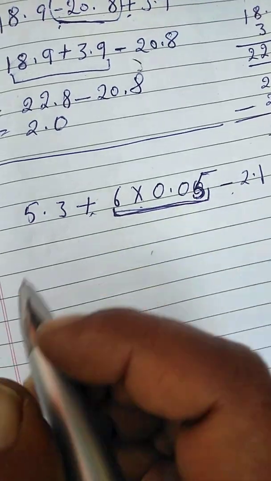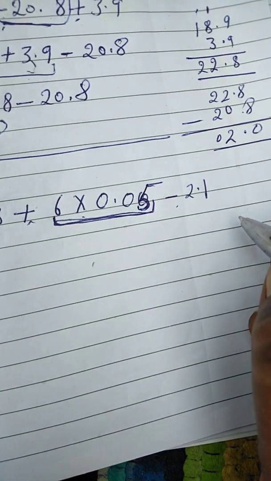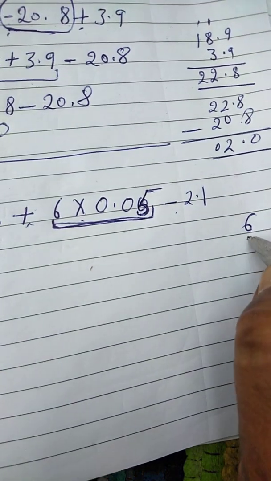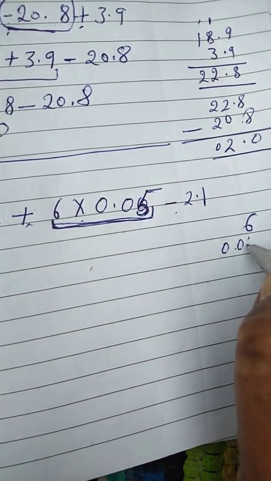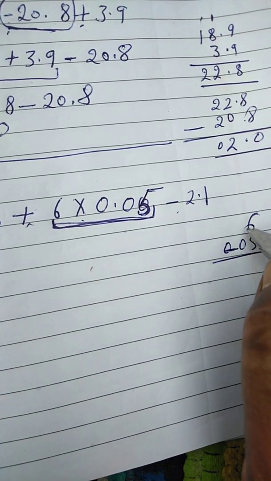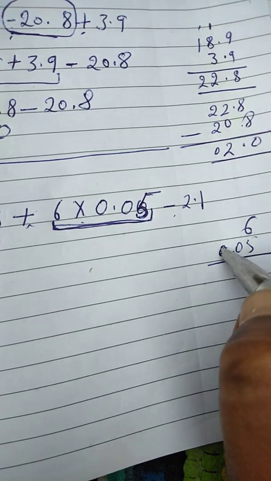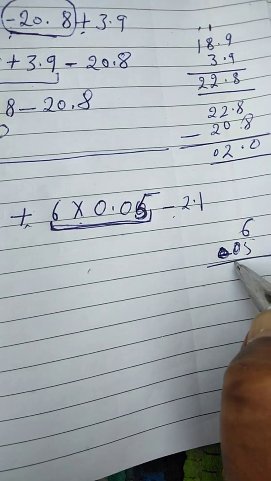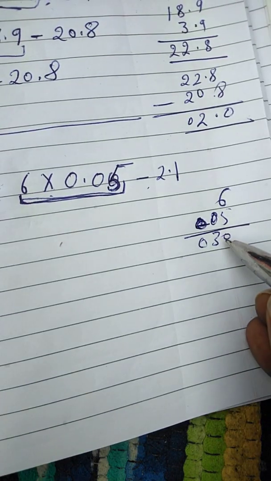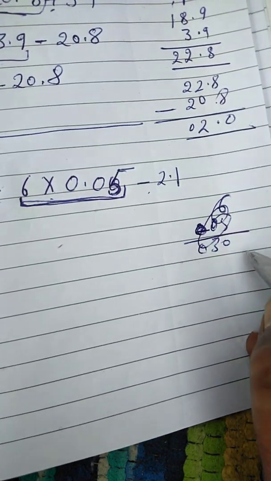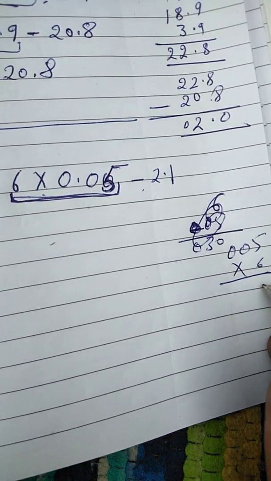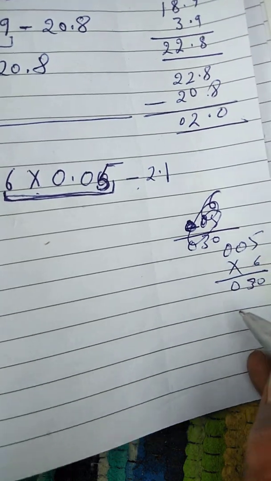0.05. So you can multiply it in the rough column. You can multiply the numbers without decimal. I will write it this way: 5 multiplied by 6. So 6 fives are 30, 6 zeros are 0.